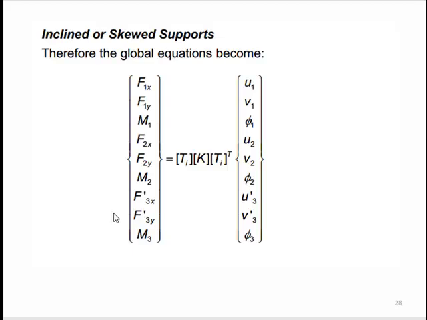So we have these primes with the forces, movements, and degrees of freedom at node number 3. However, in your case, if the skew support is at node number 1 or at node number 2, then the situation will change accordingly. Okay, so that's the concept of dealing with the skew support in case of frames.